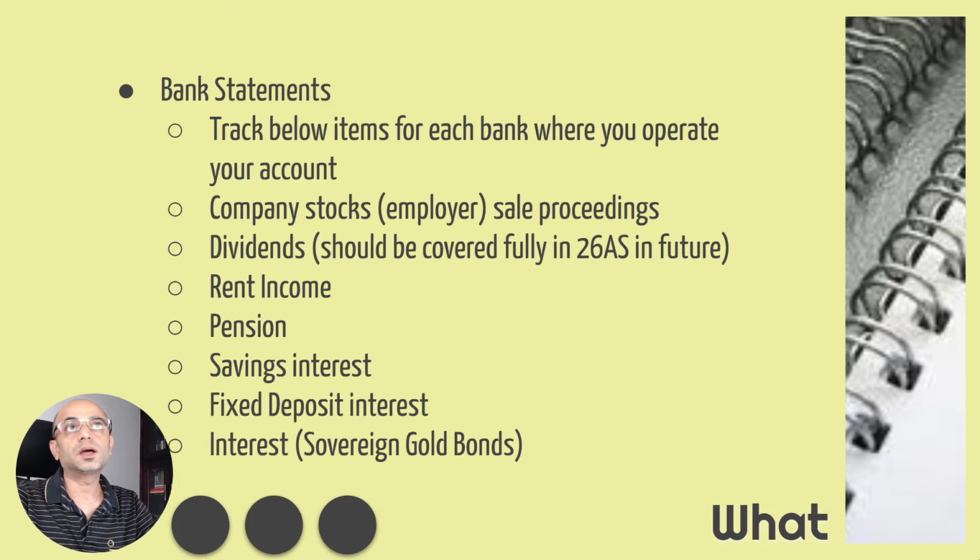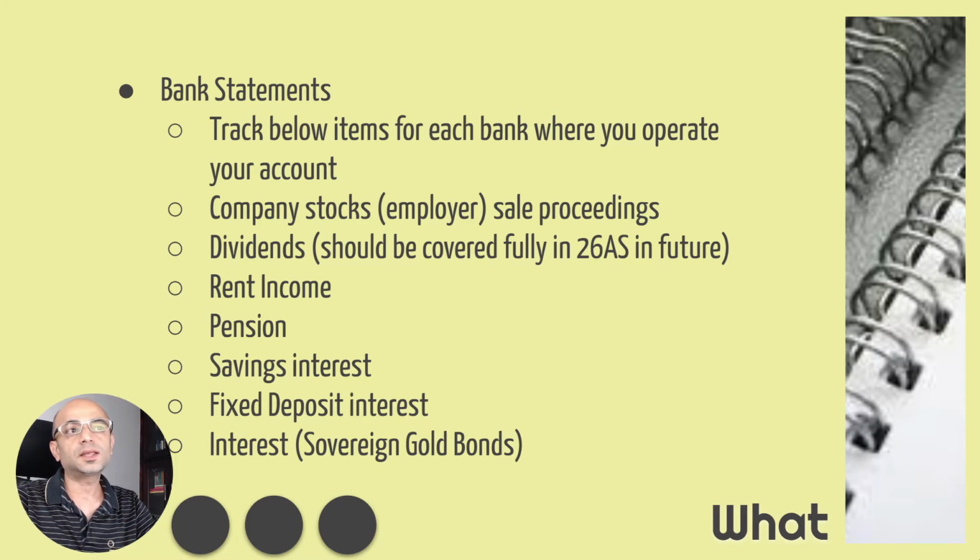Because in earlier years it was the DDT which was paid by the company, whichever stock you own, that company used to pay. But from now onwards you will be paying it, so you need to track it.